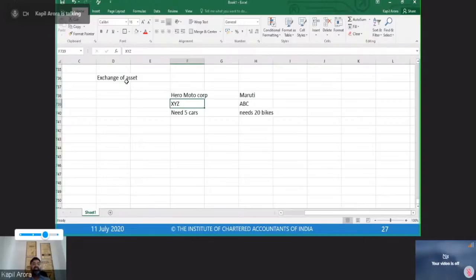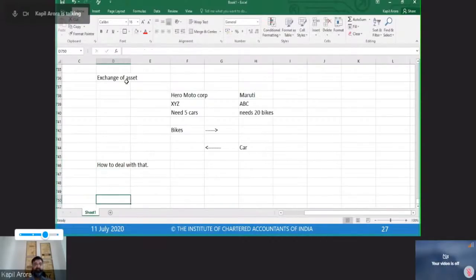So instead of paying in cash, Hero Motocorp gave bikes to Maruti and took cars from Maruti. This is what we call exchange of assets. Now, whenever an exchange of asset is happening, how do we deal with that?